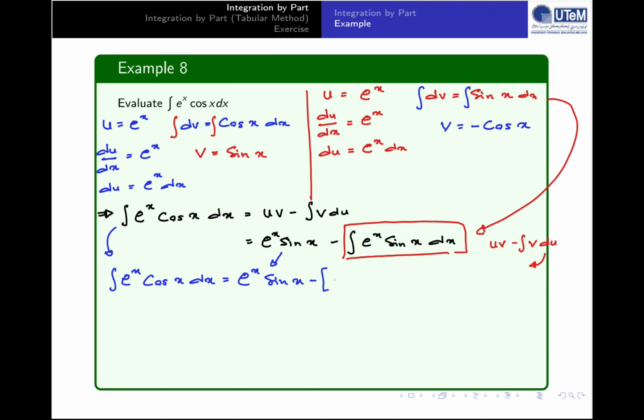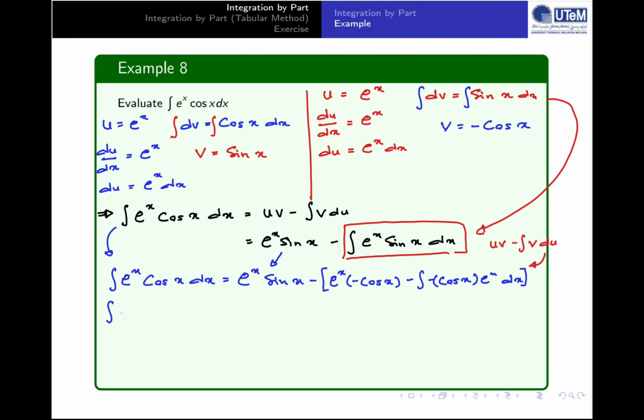Okay, u equal to e^x, v equal to negative cos x, and then minus integration of v du, negative cos x du equal to e^x dx. Okay, so put in the bracket.